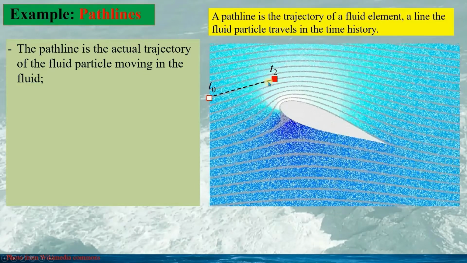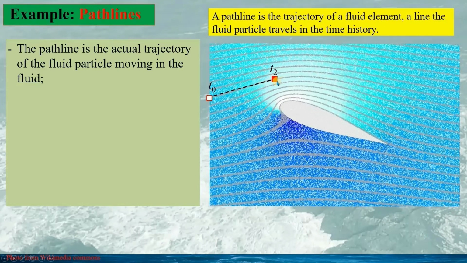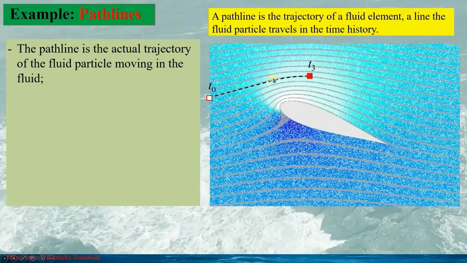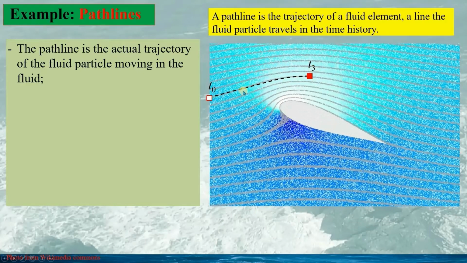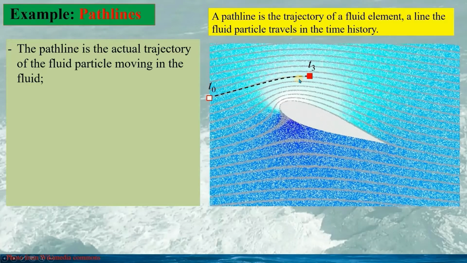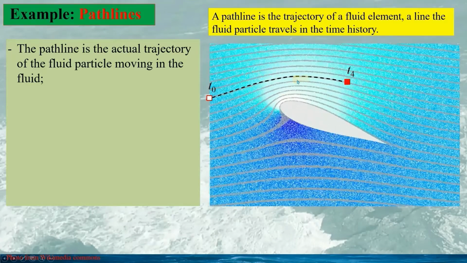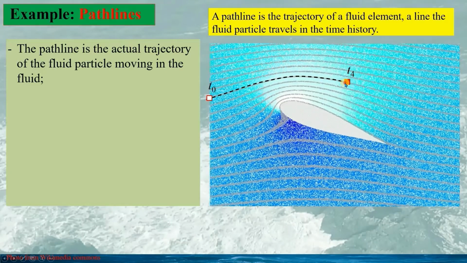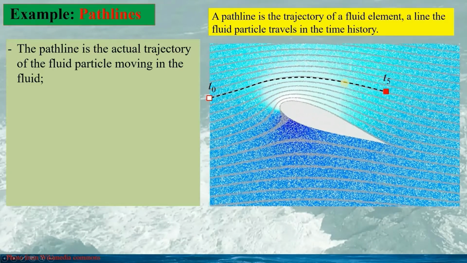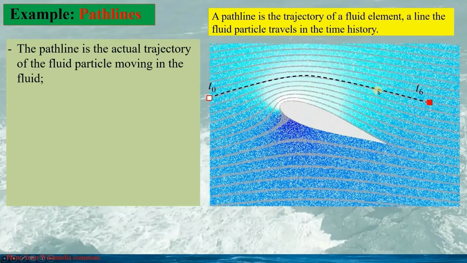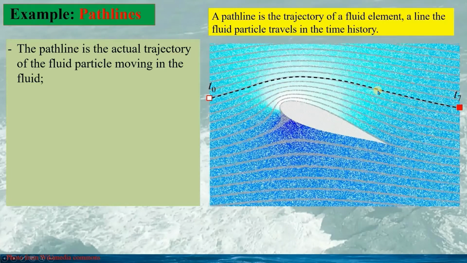So the pathline is this dashed black line. And the next time step, we have time t3, and the pathline at this. At t4, the pathline is this, and at t5, the pathline would be given as this. Then t6, and t7.